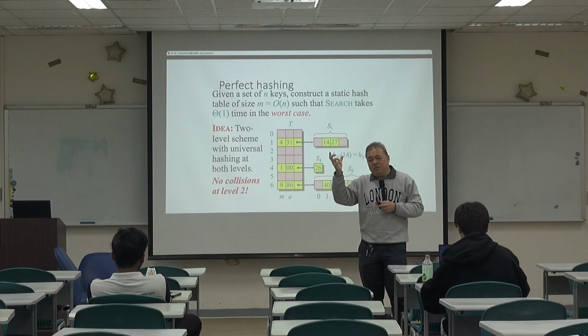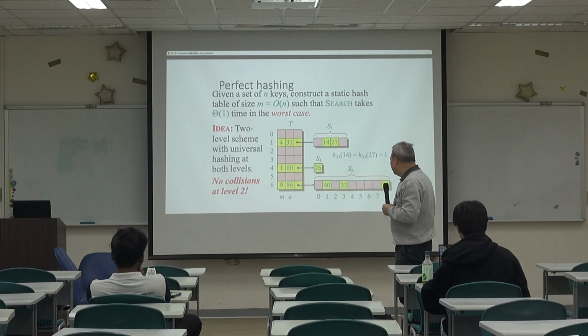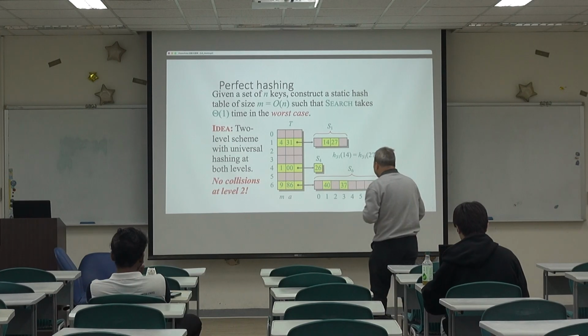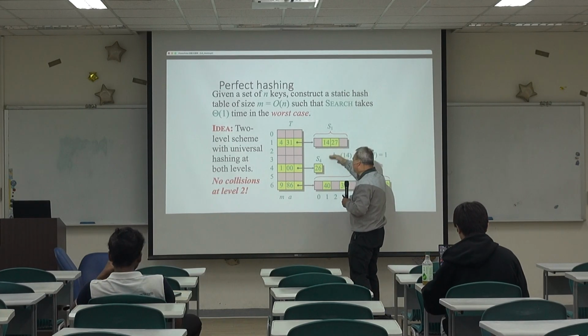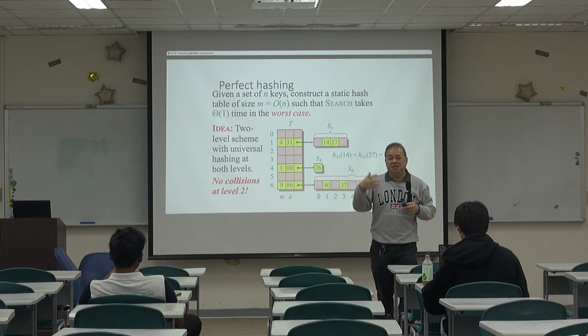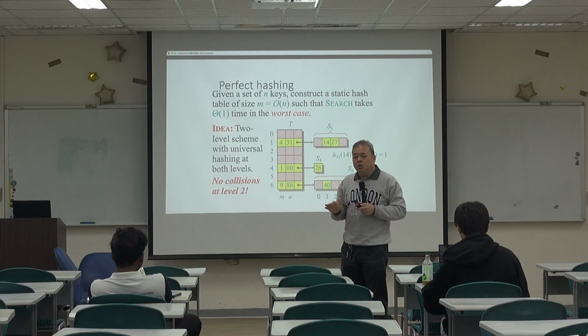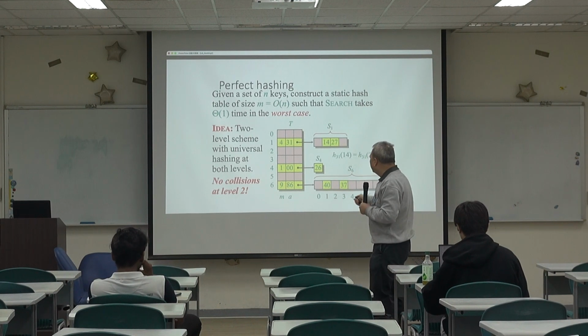Because this second level is n squared, the chance for the universal hash function to have a perfect hashing in the second level is easy, as we have discussed previously, right? So this is how two-level perfect hashing works.